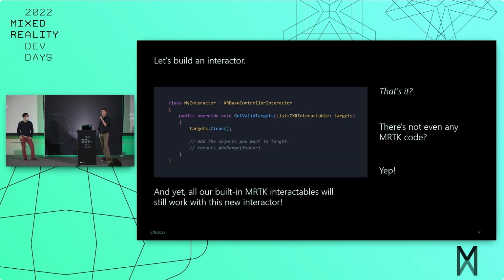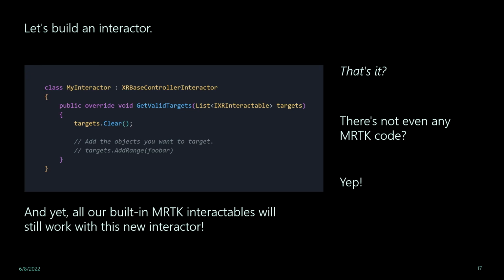And then the key to this is that back in MRTK v2, if you built a new type of pointer or whatnot, it wouldn't necessarily work with our existing interactables. So say you had some kind of new interaction that manipulated objects in some interesting way. Our object manipulator, for instance, didn't know that your pointer existed. It didn't know how to deal with that.